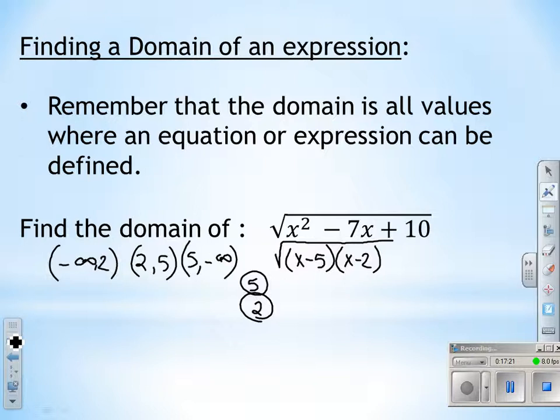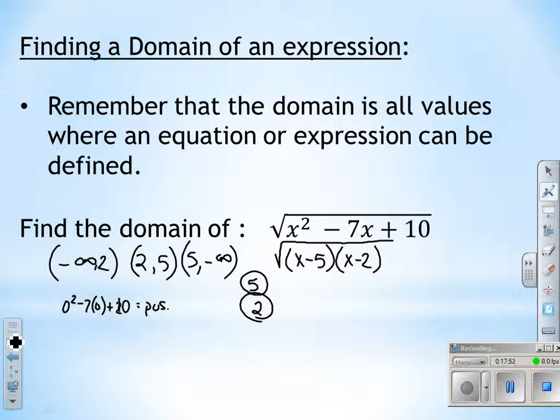Okay, if we go with, say, a 0, and we plug 0 into our radical, we're going to get 0 squared minus 7 times 0 plus 10, 10 is positive. That's okay. All right, so having that value in that interval negative infinity to 2, we're just fine.